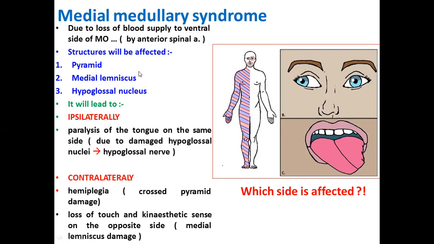Structures that will be affected: pyramids, medial lemniscus, hypoglossal nucleus.